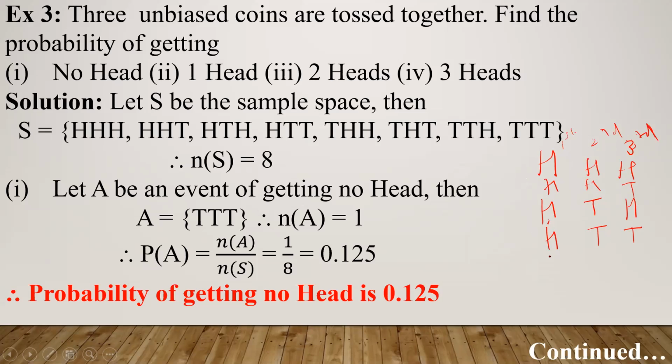Similarly, when the first coin is showing tail, then what are the possibilities for head and tail, I mean for the second and the third coin? Wait a minute.